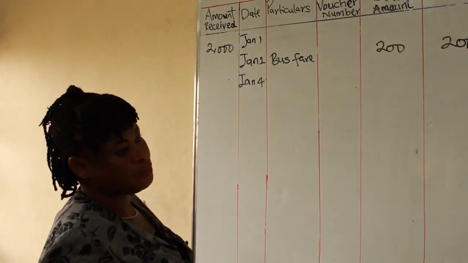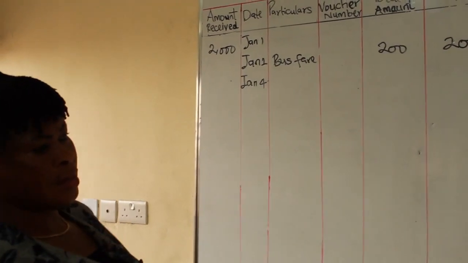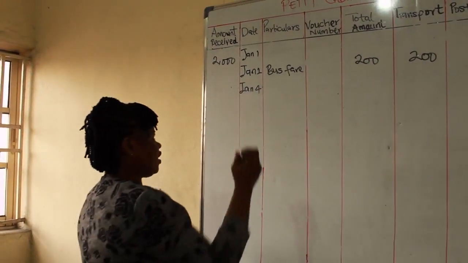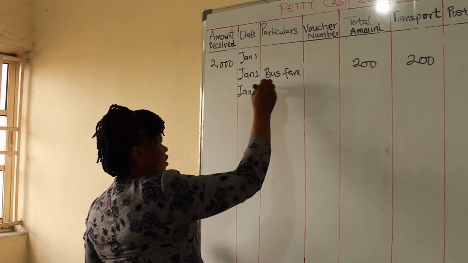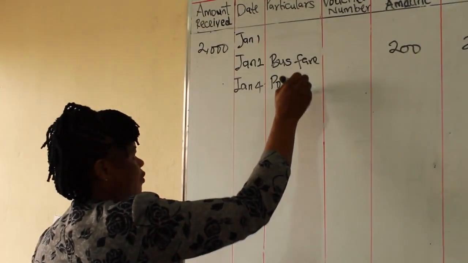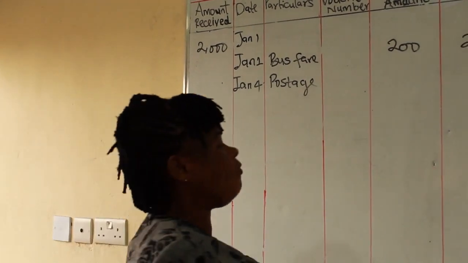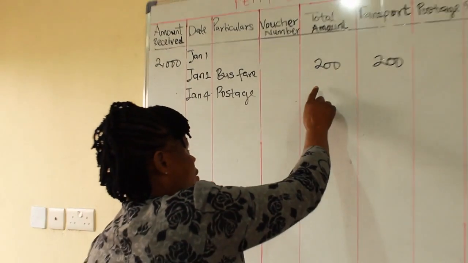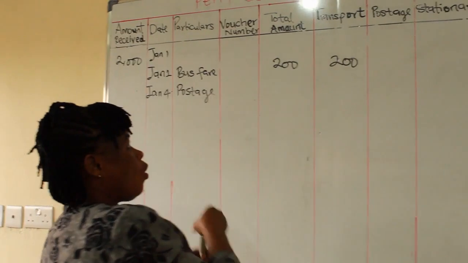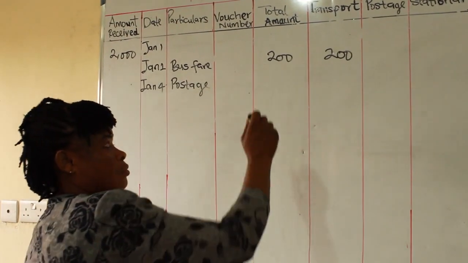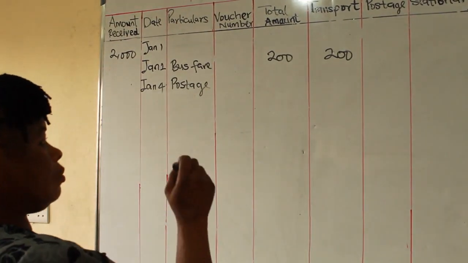January 4th. On the particulars, we'll write postage as the transaction that took place. And the amount will first of all be posted on this column, total amount column.